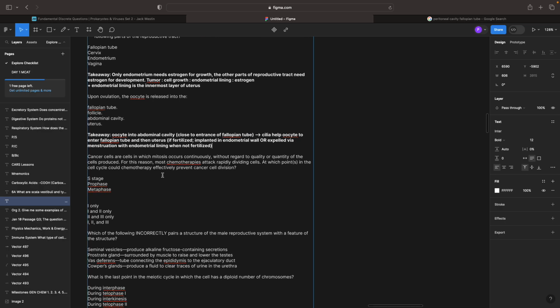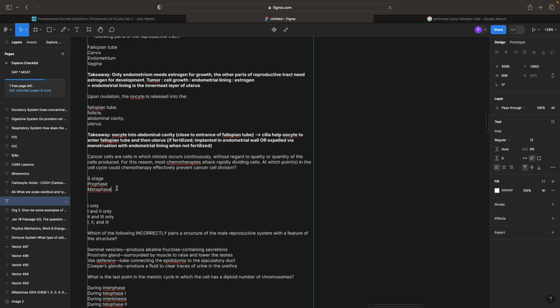Okay, next question. Cancer cells are cells in which mitosis occurs continuously without regard to quality or quantity of the cells produced. Chemotherapies attack rapidly dividing cells. At which point in the cell cycle could chemotherapy effectively prevent cancer cell division? So we know the S stage is the growth stage, basically the DNA replication.